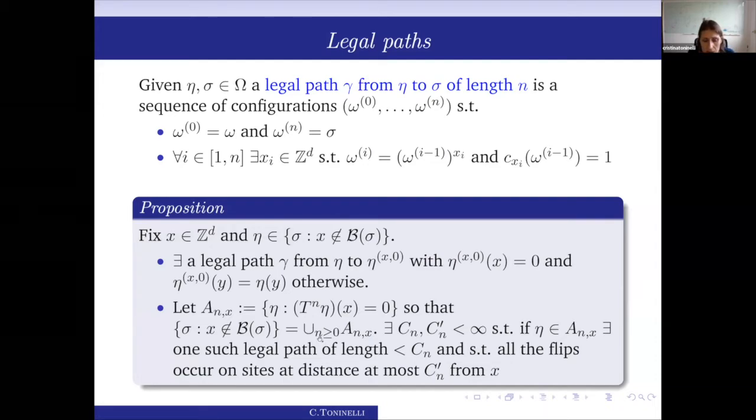So this means that there will be an index n sufficiently large, so that if I apply the Bootstrap map n times, at a certain moment, this site will be emptied.